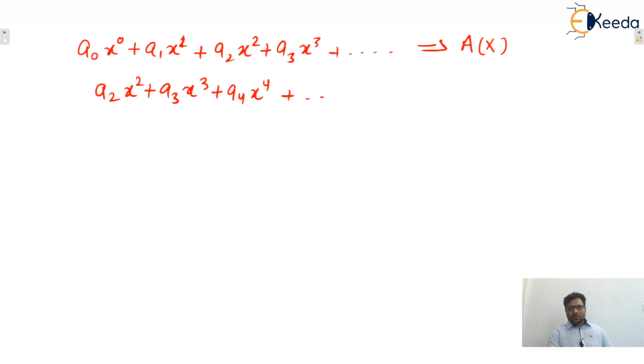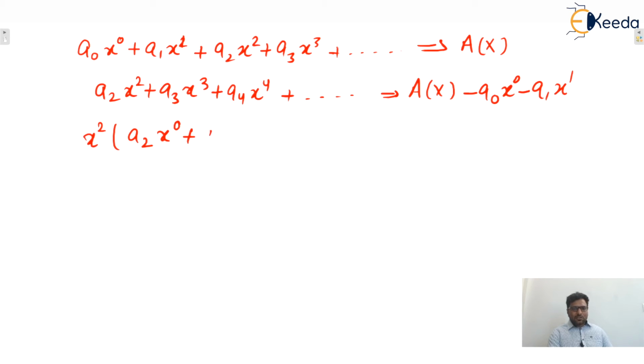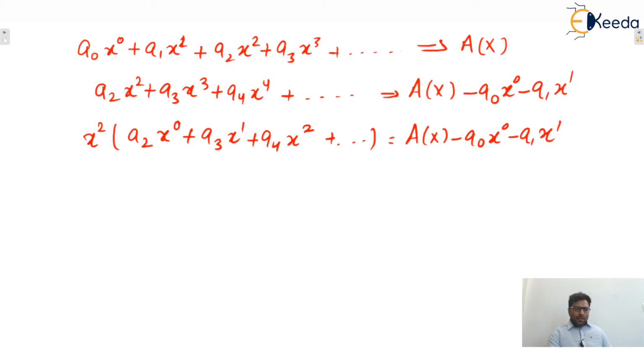So what will be the required generating function? A(x) minus a naught x^0 minus a1 x^1. Now remember, we need to take x^0 as common. Now it becomes a2 x^0, a3 x^1, a4 x^2 and so on. So this is equal to A(x) minus a naught x^0 minus a1 x^1. Now what will be the generating function?